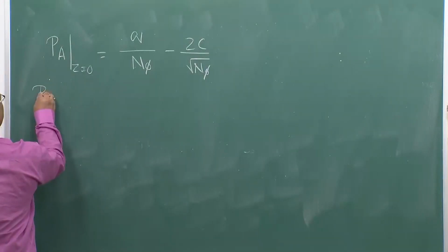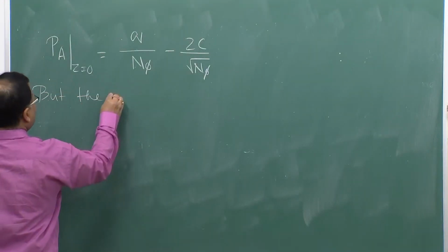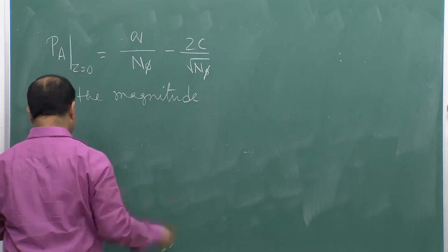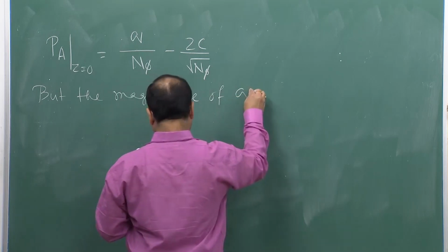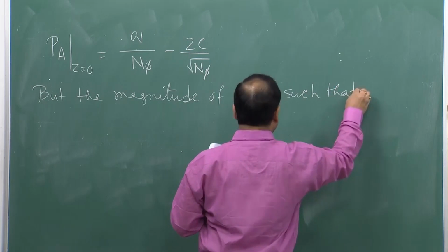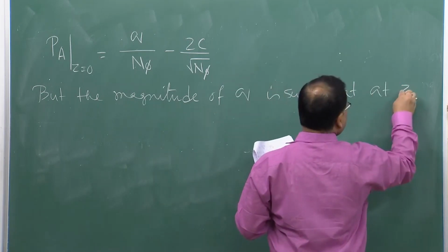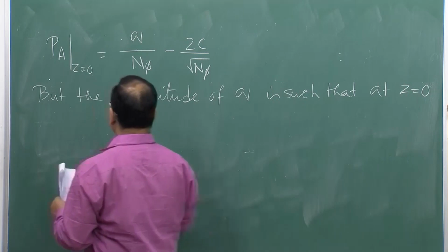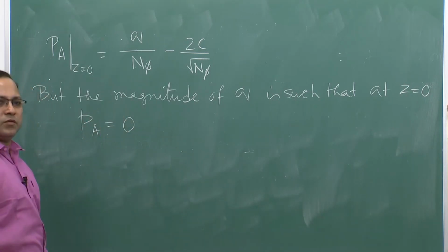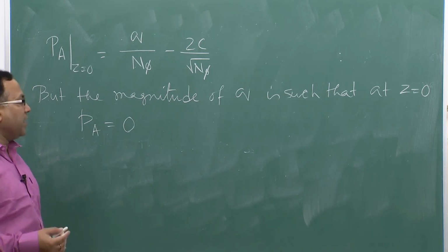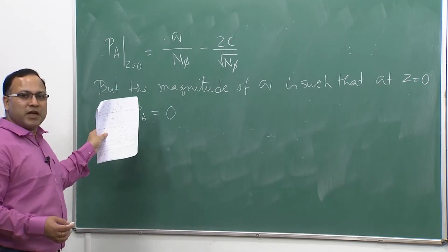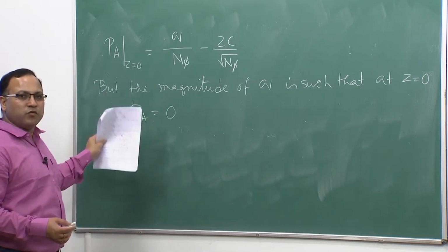But the magnitude of Q is such that at Z equal to 0 the active earth pressure is 0, right. This is the condition for applying Q. After application of Q, I will be getting the active earth pressure at point A, that is at the top of the wall, as 0.